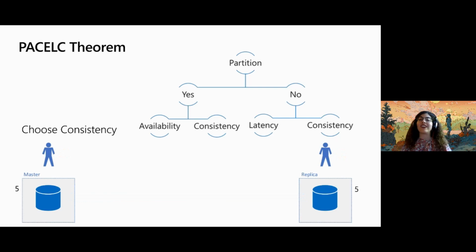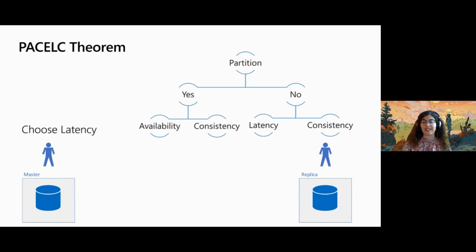So I cannot read any data until the data is replicated. Because consistency is very important for me, I always need to get the latest write. This happens for every new write that happens on the master.